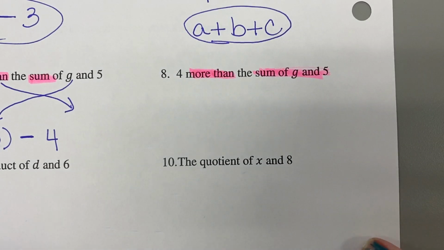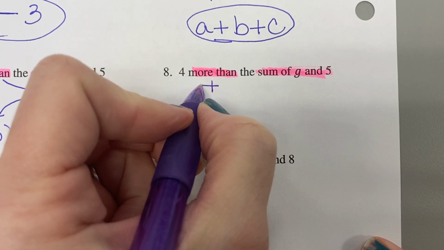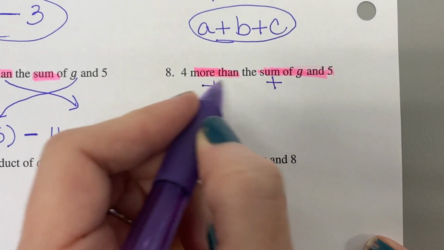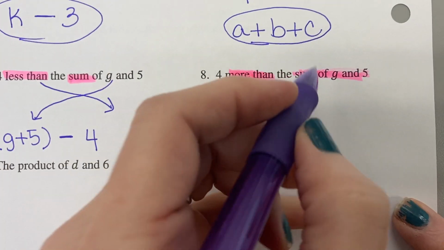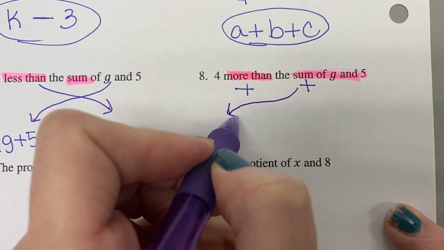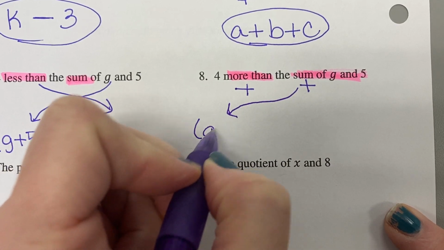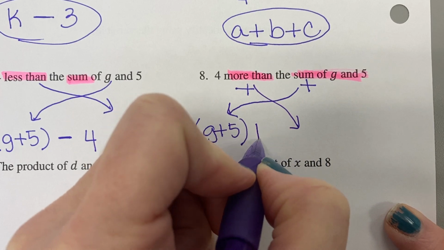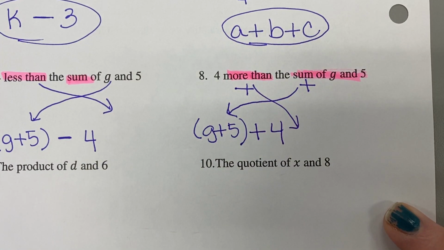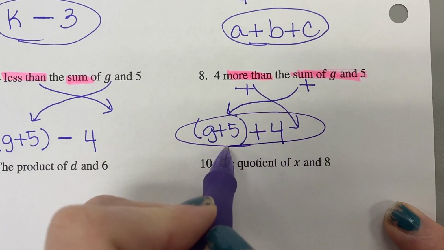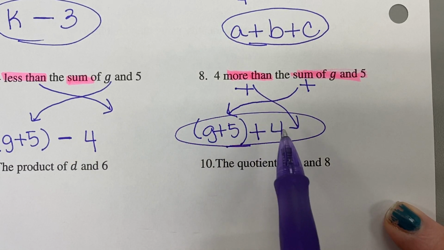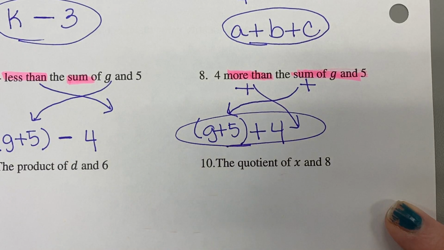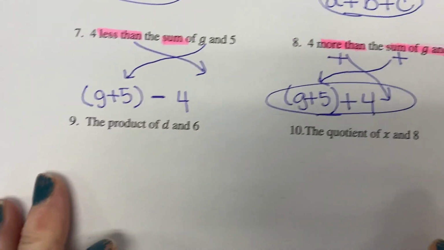So I would say more than means addition, and so does sum. So if we think of more than and less than in the same way, we could crisscross again and do the sum of g and 5, and then go for more than that. Now, addition again is commutative. So if you had put the 4 in the front, 4 plus the quantity g plus 5, that would have been okay too. 2 to go.